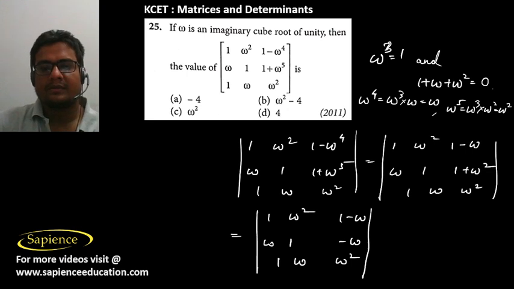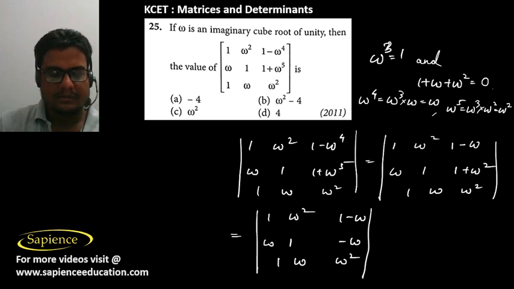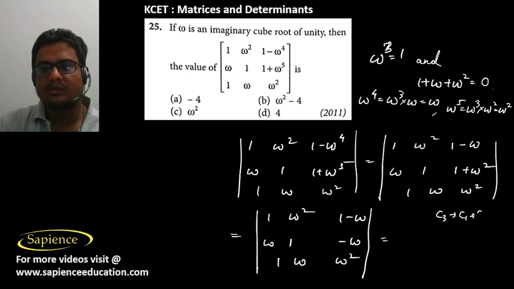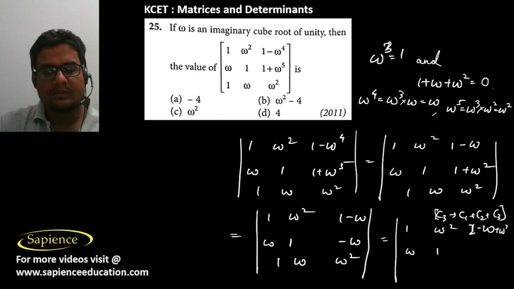So then we have to expand this determinant. Here we can apply the column operation C3 goes to C1 plus C2 plus C3. Then we will get 1, omega square, 1 minus omega, and omega, 1. So C3, this plus this, will be 2 minus omega plus omega square.